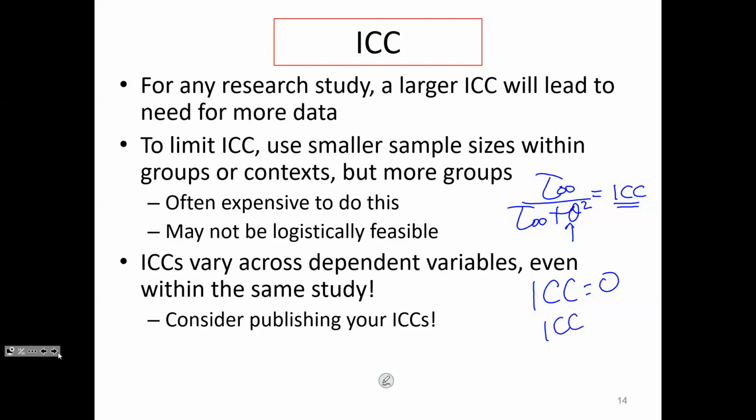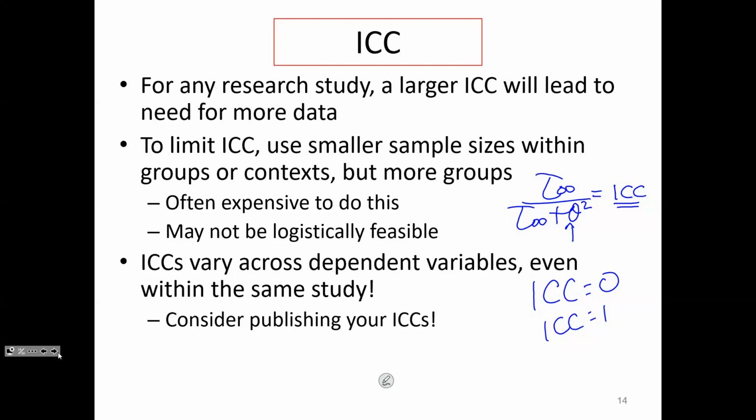Well, that means the within-cluster variance is 0, right? That means there's no variability within a cluster. Every unit within the cluster is the same, which means I really only need 1 unit per cluster, because getting more units per cluster doesn't tell me anything new. Everybody's redundant with everybody else when the ICC is 1. When the ICC is 0, everybody's independent.